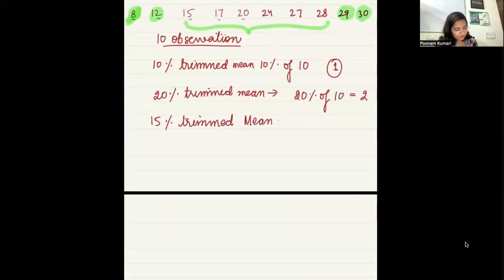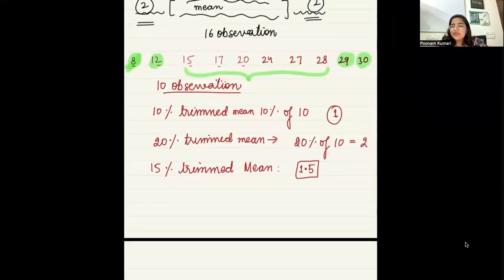Then what do you do? What is 15% of 10? Ma'am, 1.5. Now, can I remove 1.5 observations?